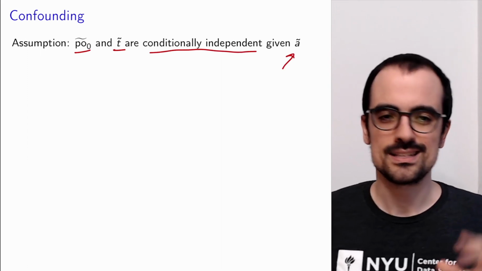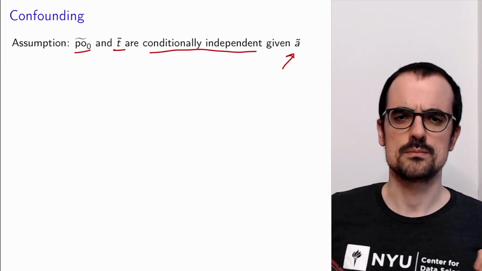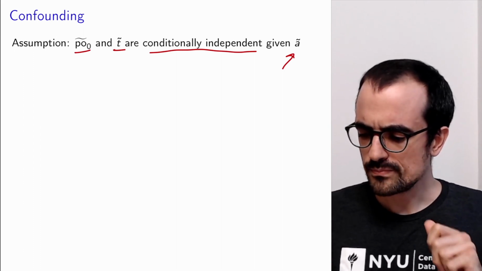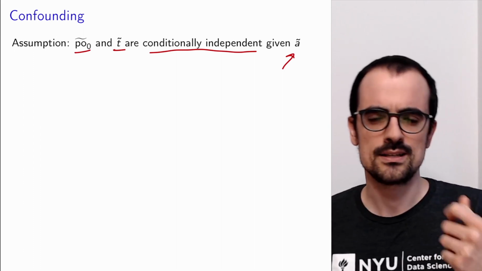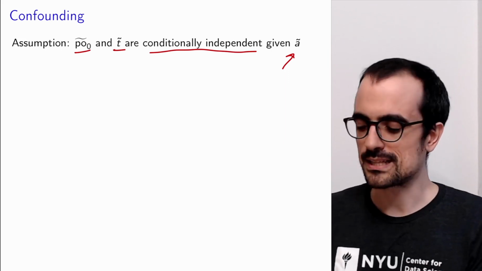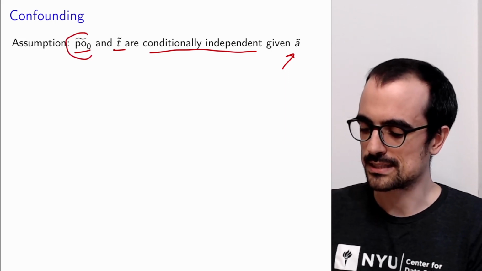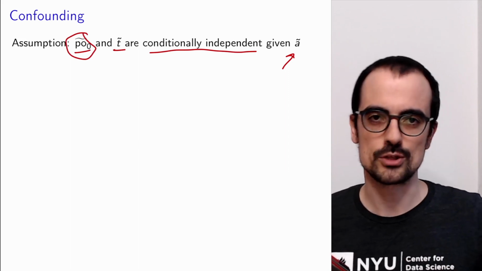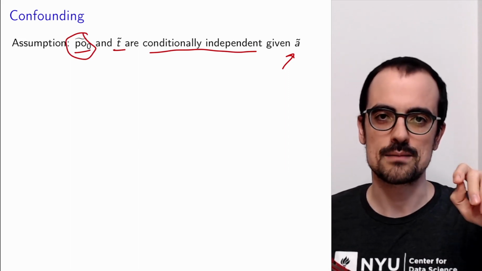What does this mean? The first time you hear this, you might think, oh, this is a little bit weird because how would the outcomes and the treatment not be dependent? You have to remember that these are the potential outcomes that don't depend on the treatment. So this is what happens if you don't treat anyone, no matter what happens with the treatment.